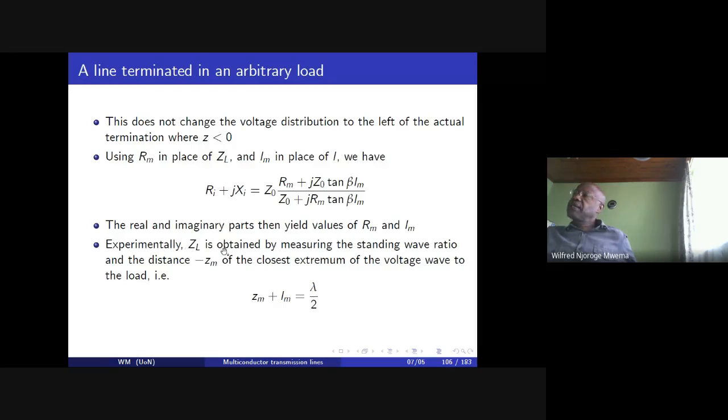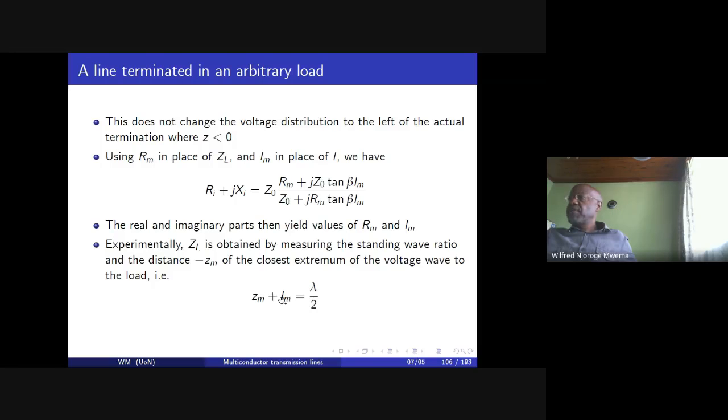Experimentally, we could also obtain this Rm or the ZL by measuring the standing wave ratio and the distance minus Zm of the closest extremum of the voltage wave to the load. That is, an extremum we are saying is either a voltage minimum or a voltage maximum, or a current minimum or a current maximum, but it's usually easier to measure voltage because we are using high impedance probes, so to speak.